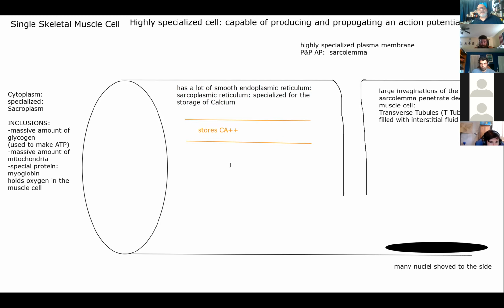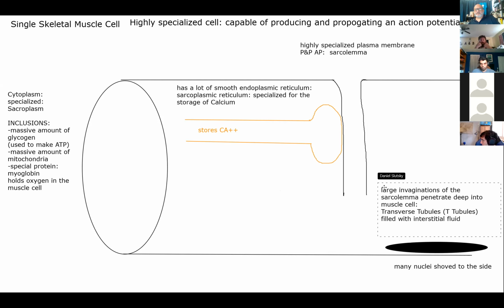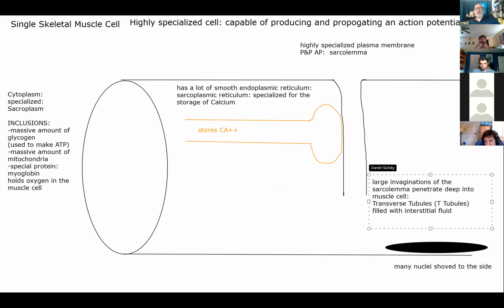It is found throughout the muscle cell. But what's interesting about this sarcoplasmic reticulum is that when it gets close to the transverse tubule, it enlarges. There's a big, huge enlargement right next to our transverse tubule. And this big, huge enlargement is what is known as the terminal cisterna. So we have this terminal cisterna, which is the enlargement of the sarcoplasmic reticulum right next to the transverse tubule.